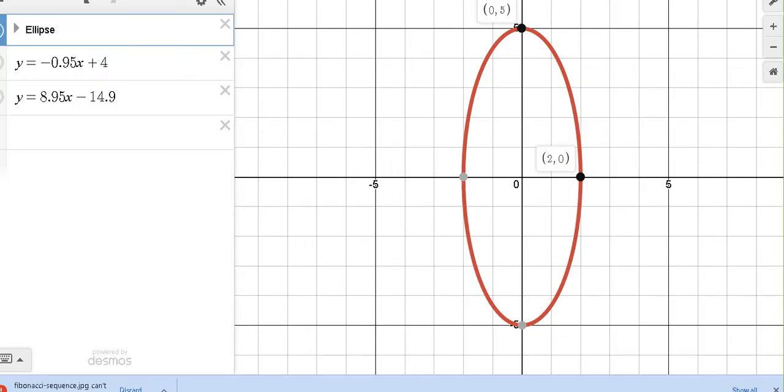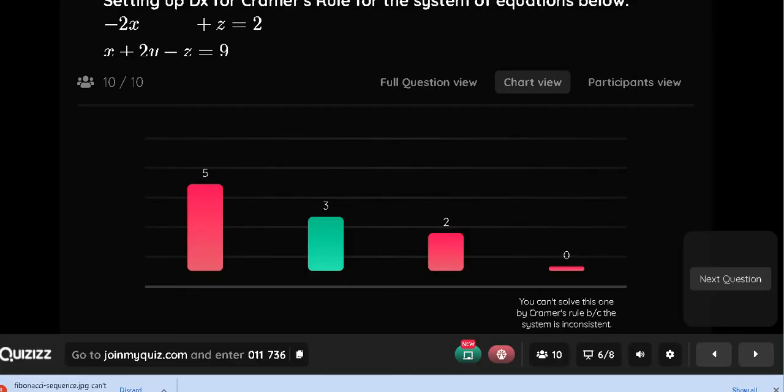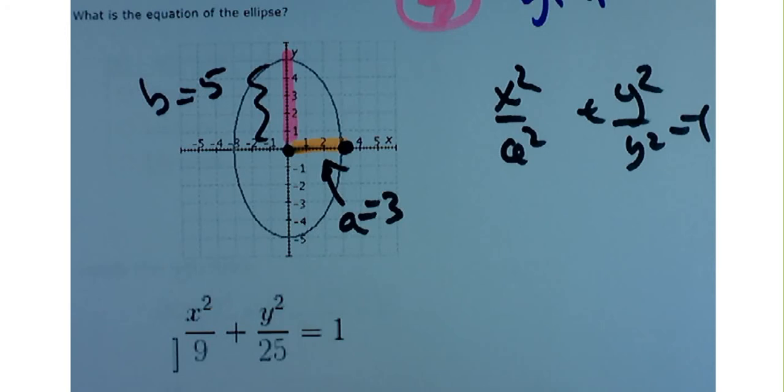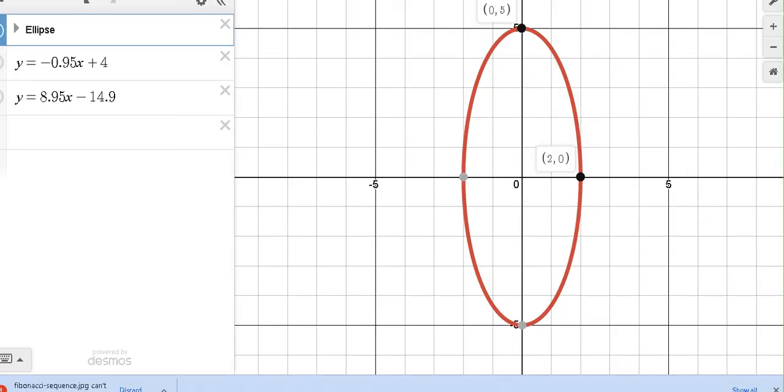And let's see here. Here we go. All right, next question. One last look. Oops. That's not the last look I wanted. There you go. Last look.